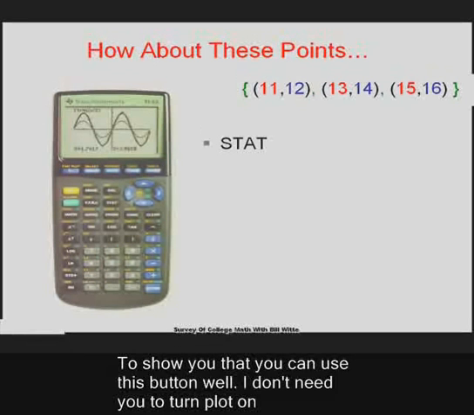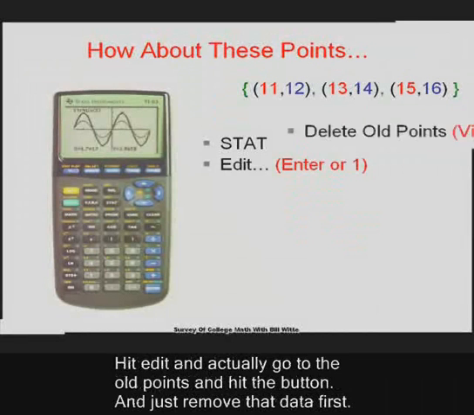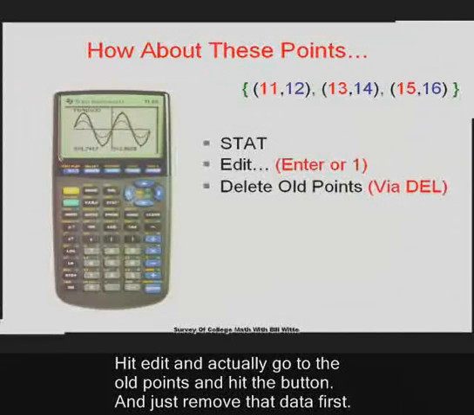Okay? So I'm going to hit, remember I don't need to do stat plot because plot is still on. I'm going to hit stat. That's the one I use to actually enter and remove and change data. And I'll hit edit. And I want you to actually go to the old points and hit the delete button. Remember where the delete button is. And just remove that data first.